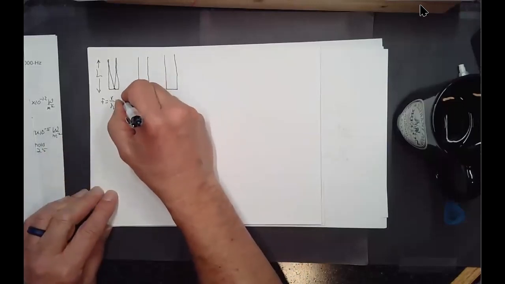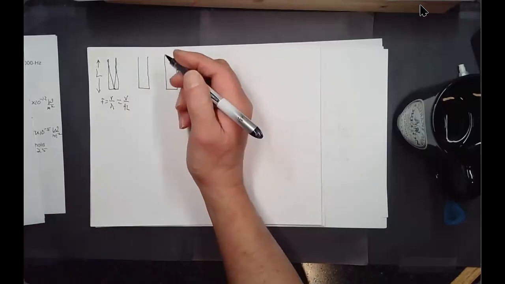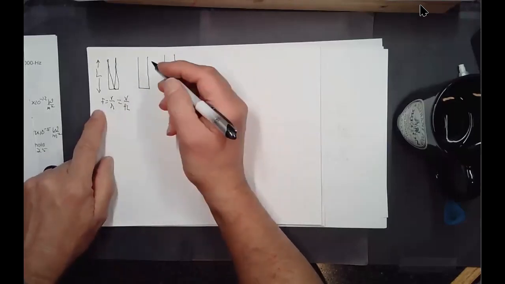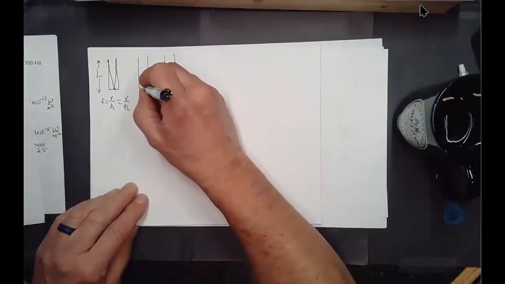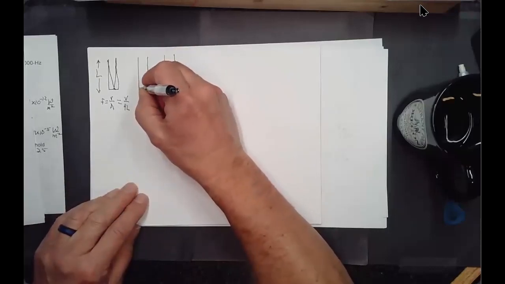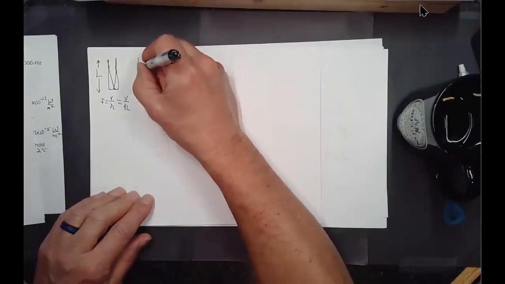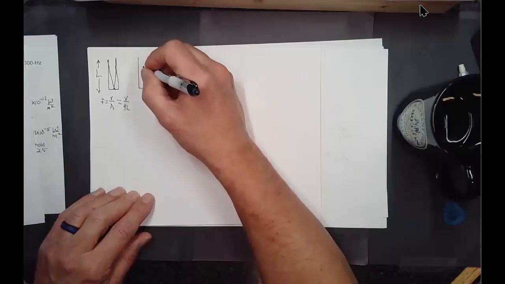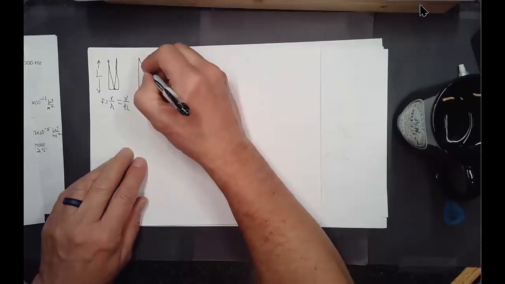So this would be v over 4L. Okay, and then what's the next possibility? Well, we have to have a displacement node at this end, but the next possibility is where you would have a second displacement node in this thing up about here, about 2/3 of the way up.